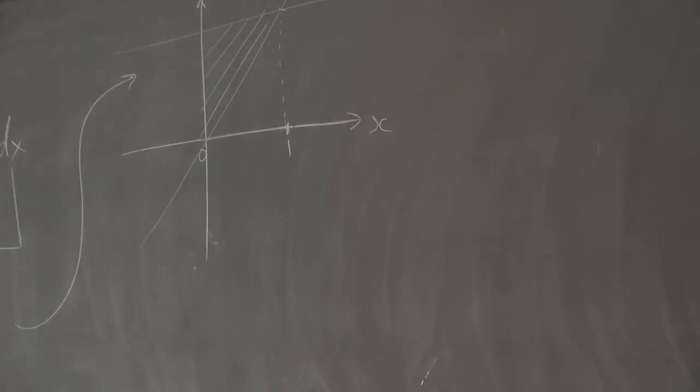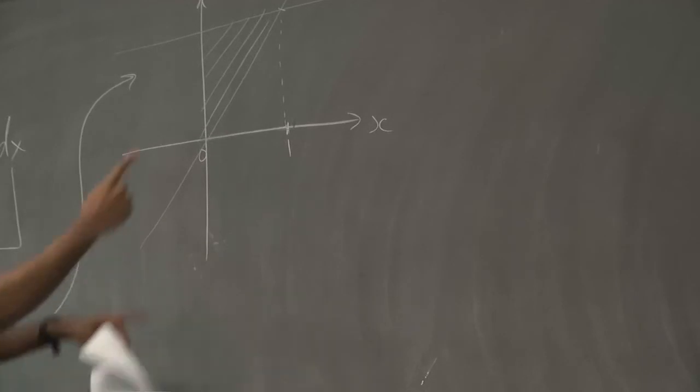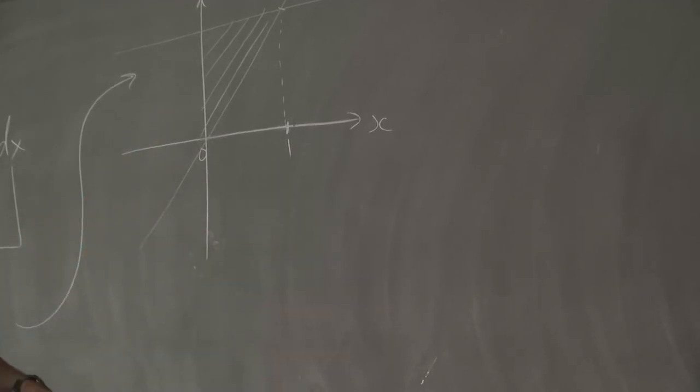Because when these describe y, this is the bottom and this is the top. So the bottom function is x, the top function is 1. When describing x, who's on the left goes down here, who's on the right goes up there. So this is actually my region. I'm integrating over a triangular region.